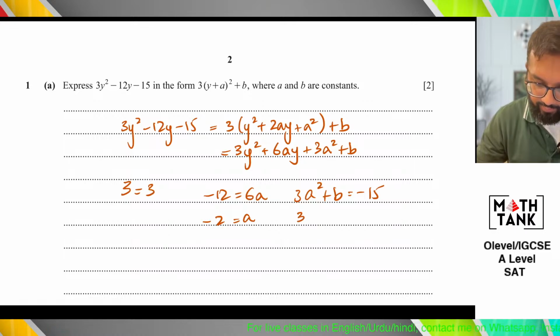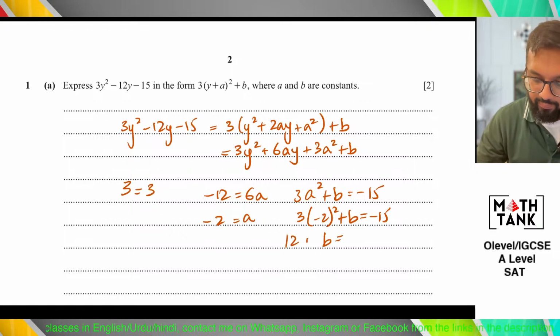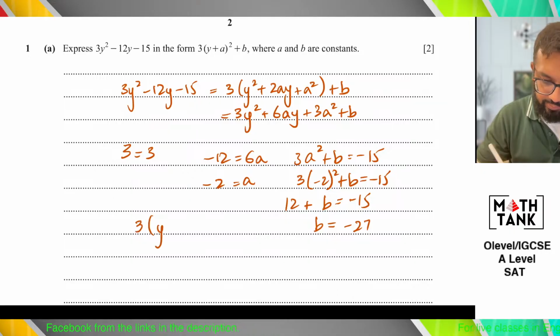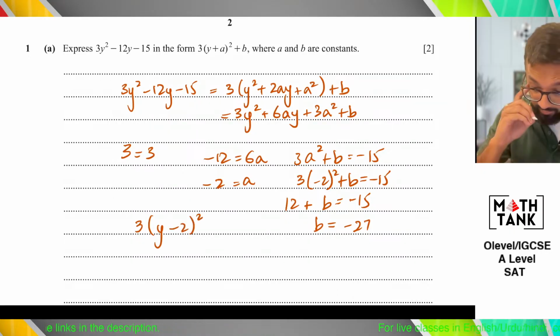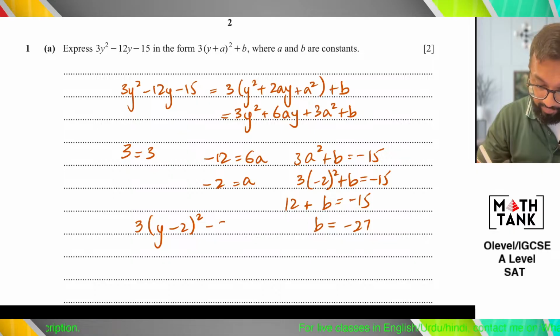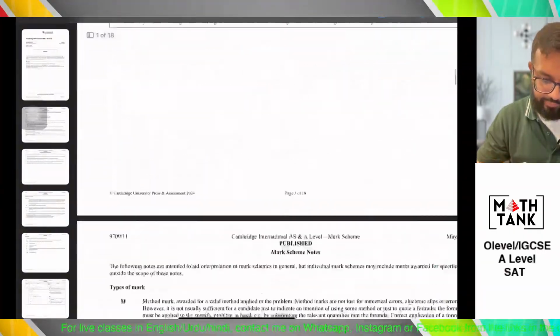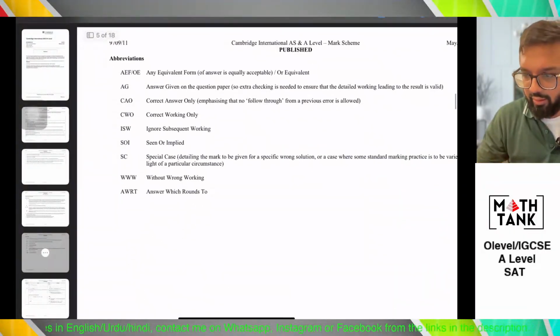So 3 times minus 2 square plus b, 12 plus b, minus 27. 3y minus 2 square minus 27. I hope that's the correct answer. Let's check.